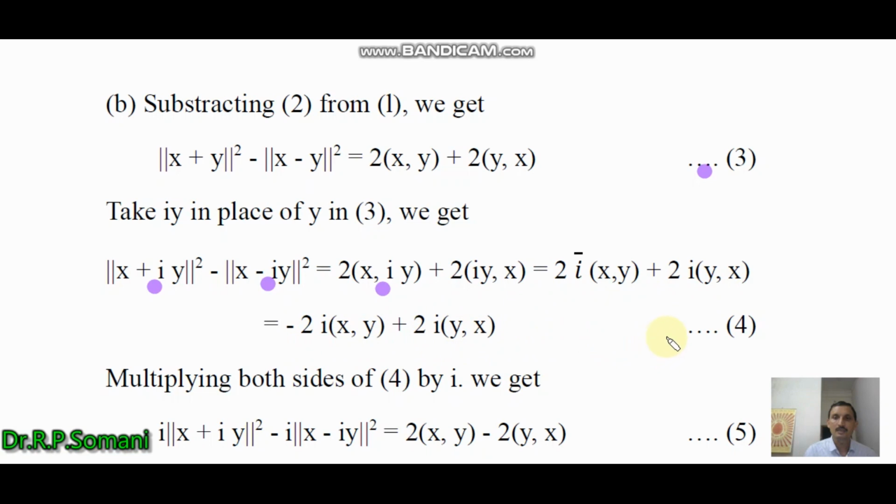We denote this by equation 4. Multiplying equation 4 by iota, we obtain iota norm of x plus iota y squared minus iota norm of x minus iota y squared equals 2 inner product (x, y) minus 2 (y, x), and we denote this as equation 5.